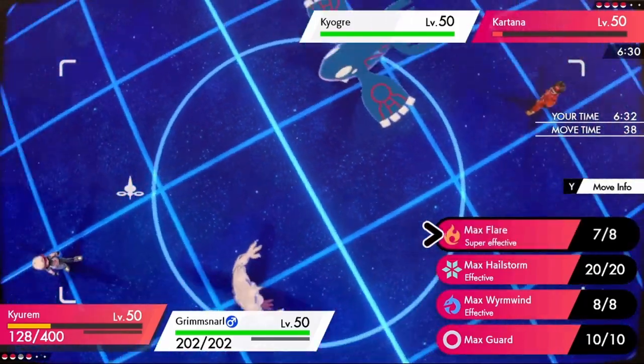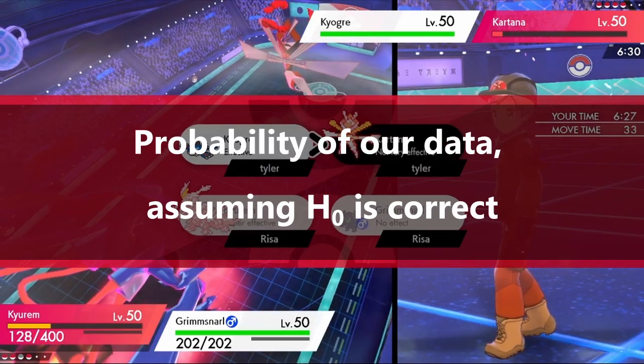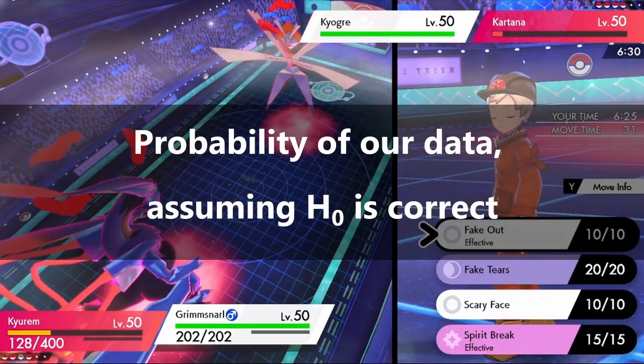So basically, it's the probability that we got the result that we did in our study purely due to chance.